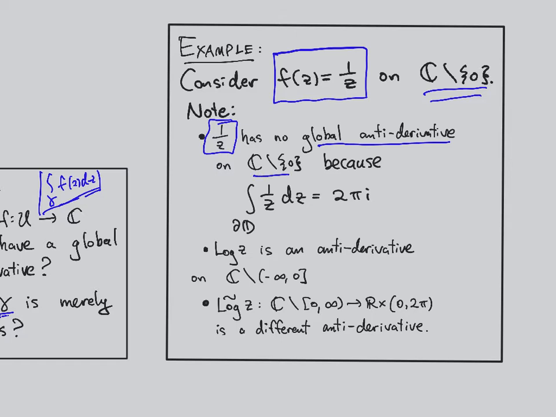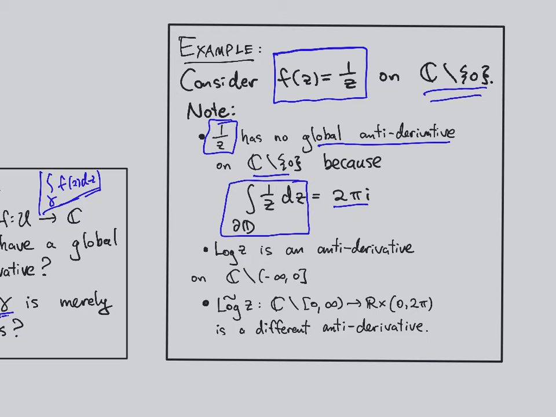We could use the previous results to show that because its integral on the unit circle of 1 over z dz, by our Cauchy theorem on circles, gives that this is 2 pi i. If it had a global antiderivative, this would have to be 0.